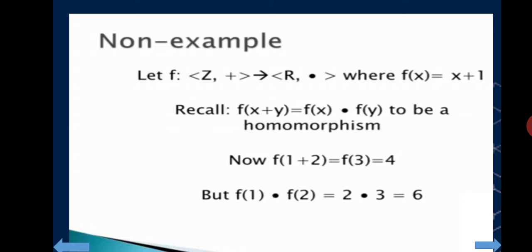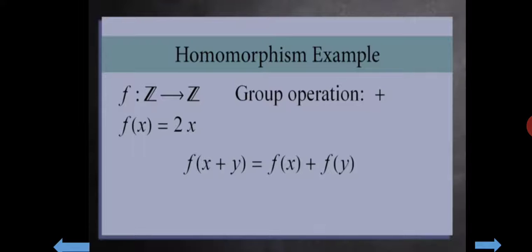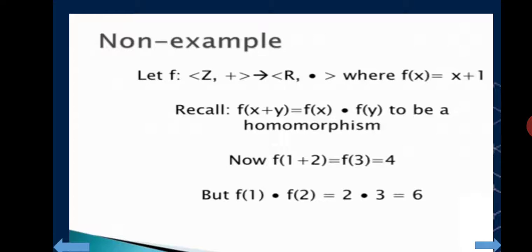So recall that f of x plus y is equal to f of x times f of y to be a homomorphism. We only need one counterexample to disprove this, that this is a non-example of a homomorphism.